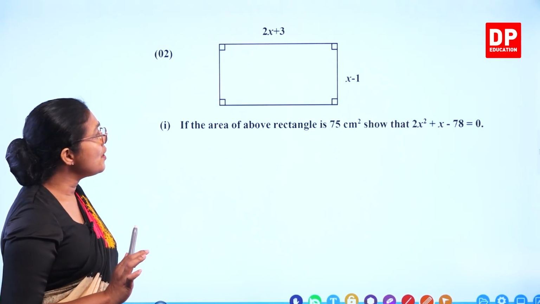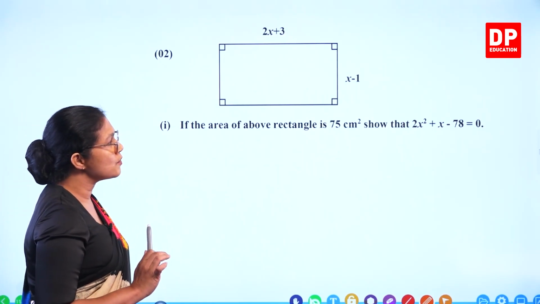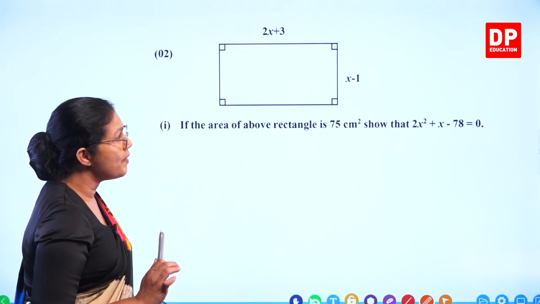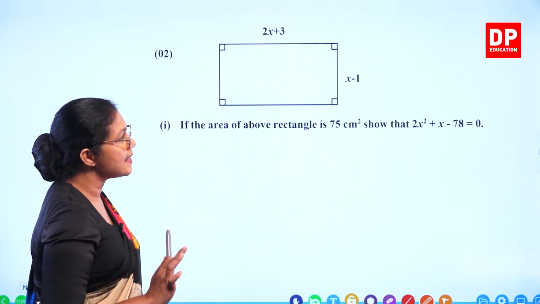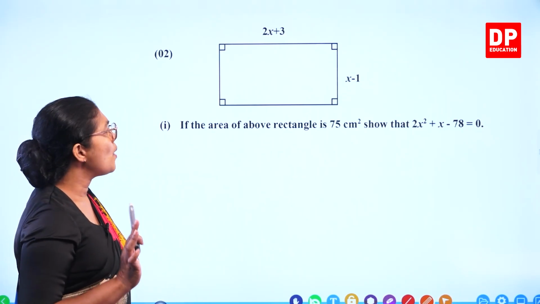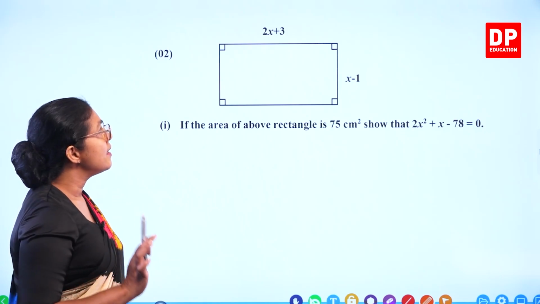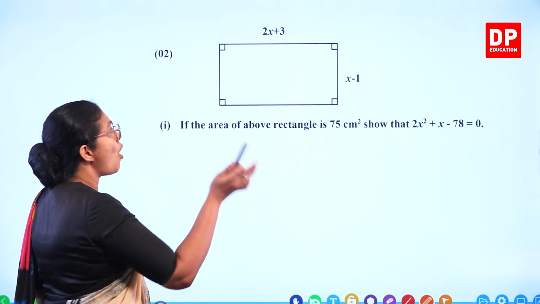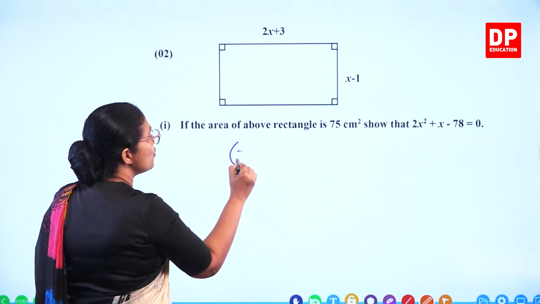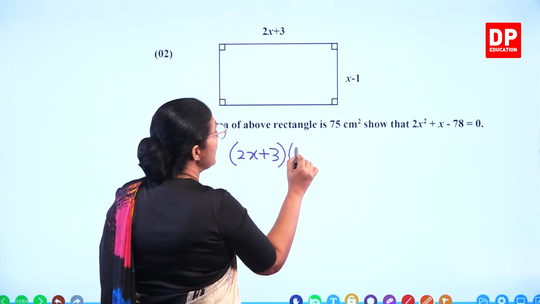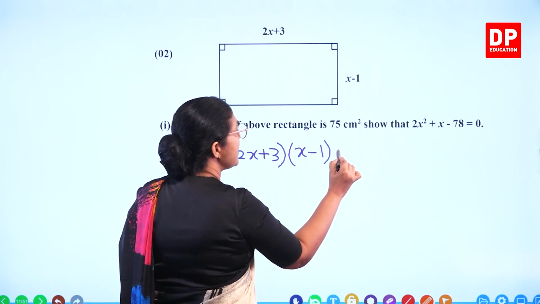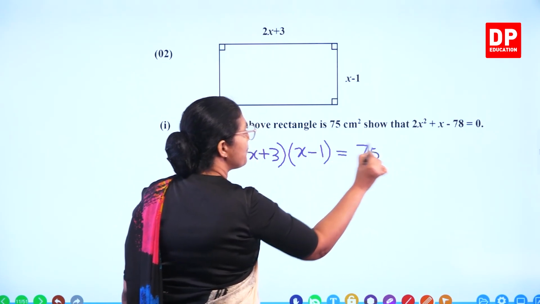If the area of the above rectangle is 75 square centimeters, show that this satisfies 2x squared plus x minus 78 equals 0. So what's the area of a rectangle? Length into width, or length into breadth. So let's do that. Length is 2x plus 3, width is x minus 1, and that's equal to 75.